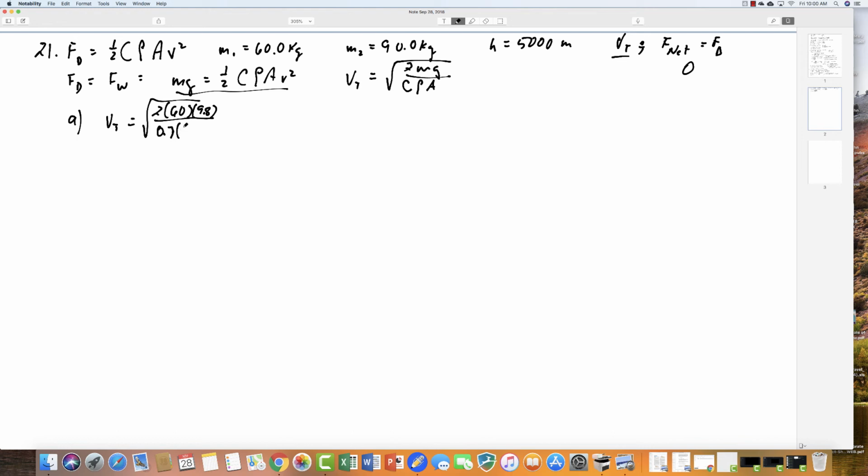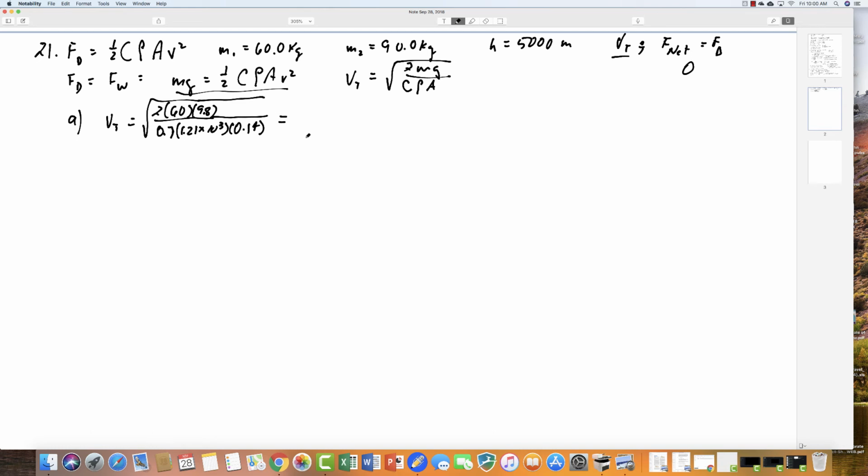Oh, wait a minute, the density of air is 1.21 times 10 to the third kilograms per meter cubed, and then his cross-sectional area, again in the table, is 0.14. Also, it gives you these numbers in problem number 20 if you need them.